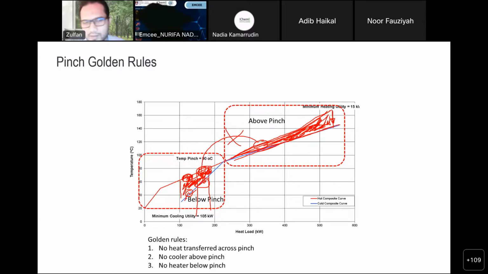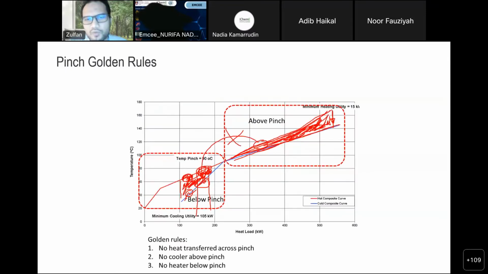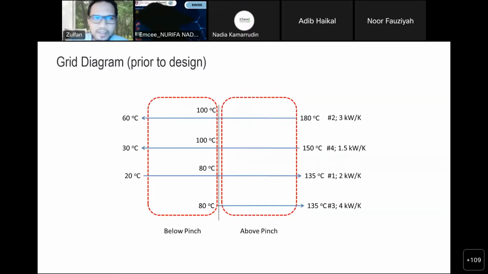Just a reminder. This is then the grid diagram priority design. Once we get the target over here, and we have done the process modifications and the plus and minus principles, we know that we can do much better in terms of reducing the minimum heating and cooling utility. So we go for the grid diagram to design the heat exchanger network.